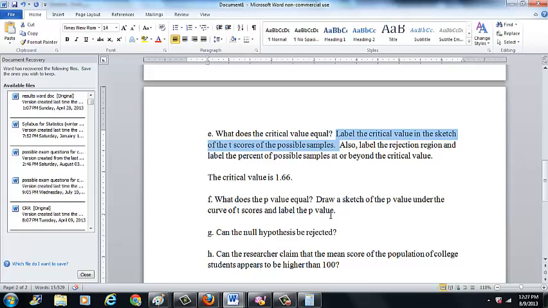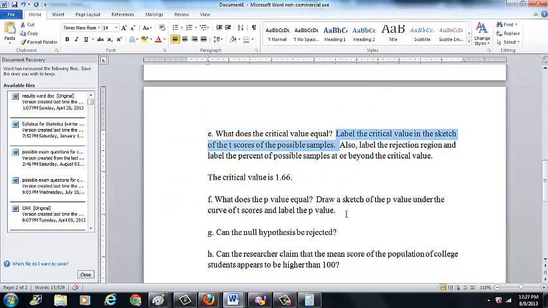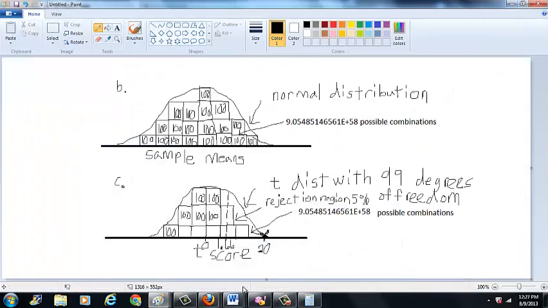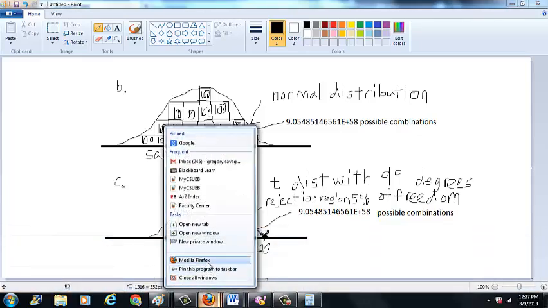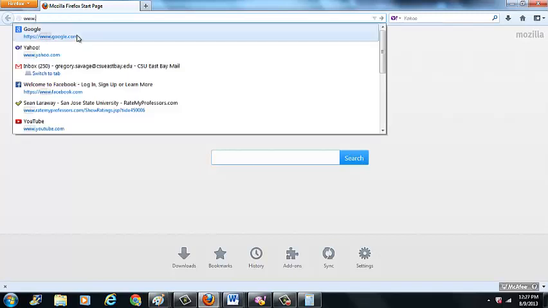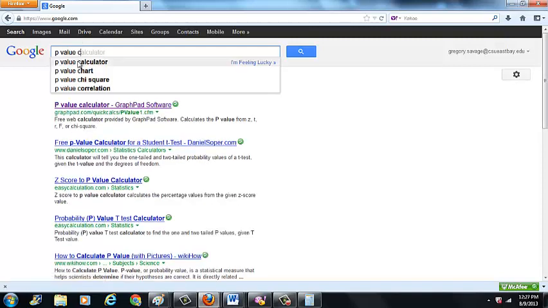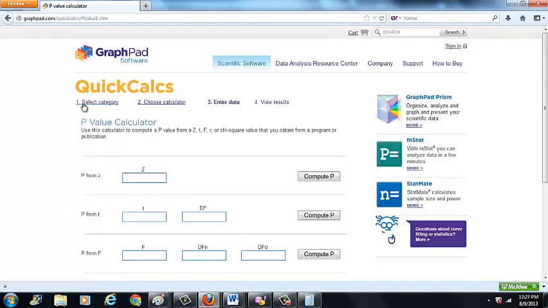What does the p-value equal? And draw a sketch of the p-value under the curve of t-scores and label the p-value. Let's see. I'll have you use a website, it's a p-value calculator. We're doing a t-test, so we go to where it says p from t.